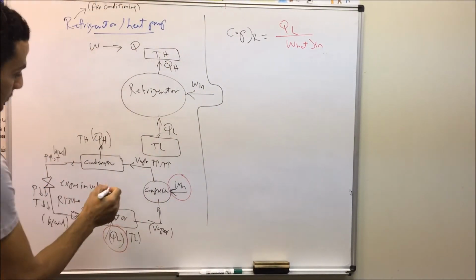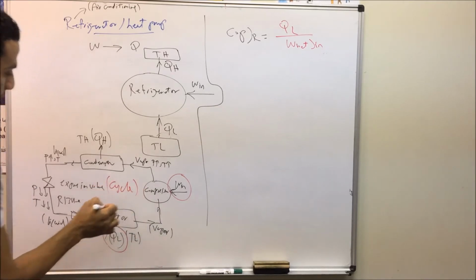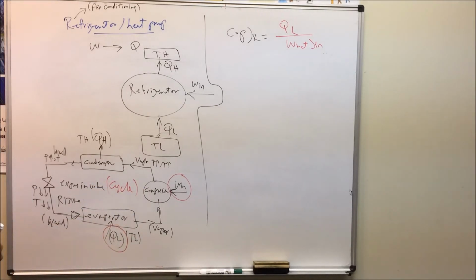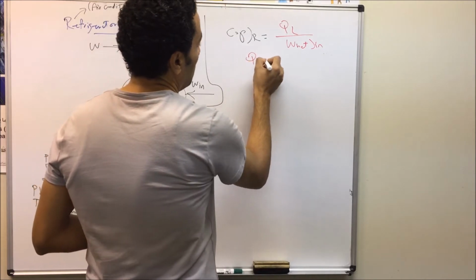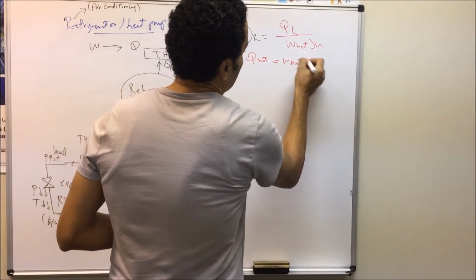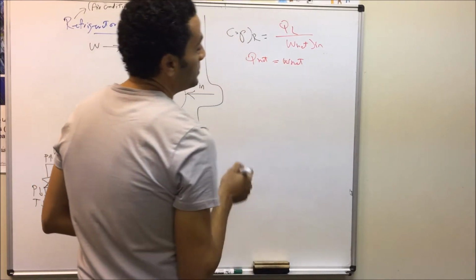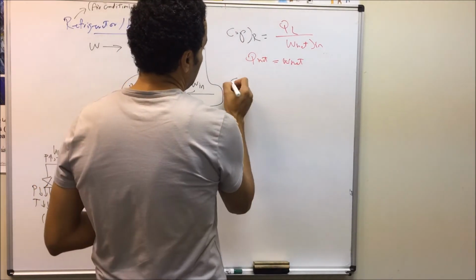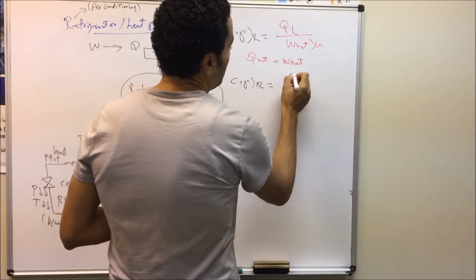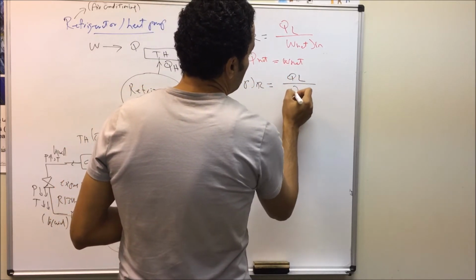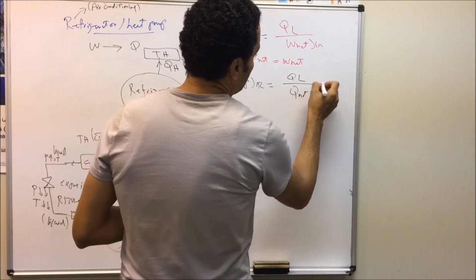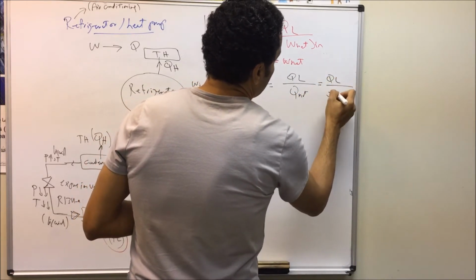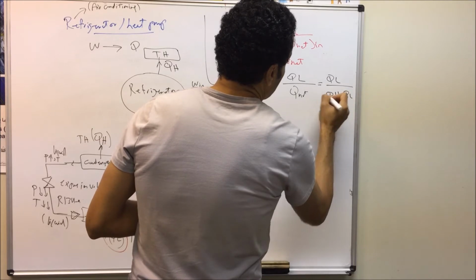As we said, any refrigeration system, air conditioning system, heat pump, or even heat engine works on a cycle. So Q net is the same as work net. In this case the coefficient of performance of the refrigerator equals Q low divided by, instead of work net, Q net, which equals Q low divided by Q high minus Q low.